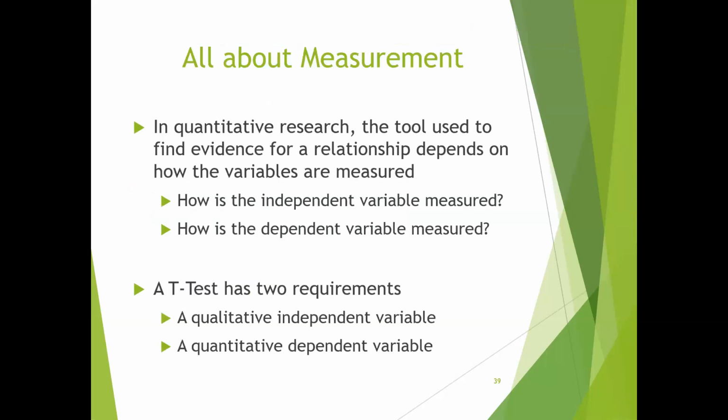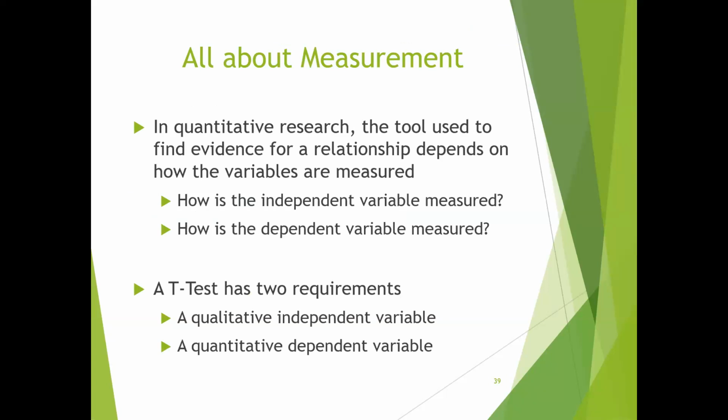Okay? Now, confirming this relationship is all about measurement. In quantitative research, the tool that is used to find evidence of the relationship between the independent variable and the dependent variable depends on two things.